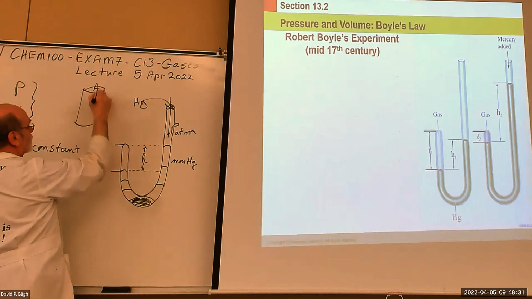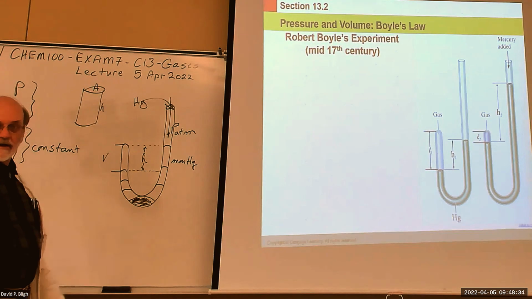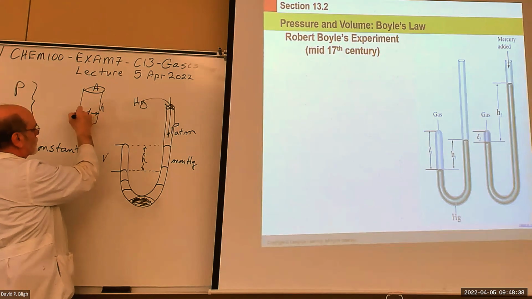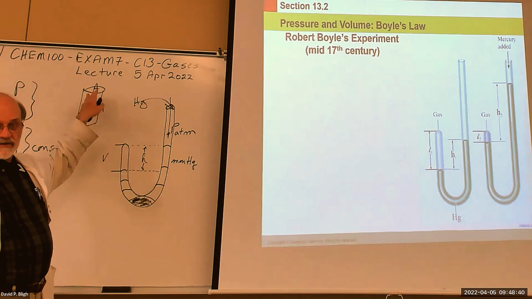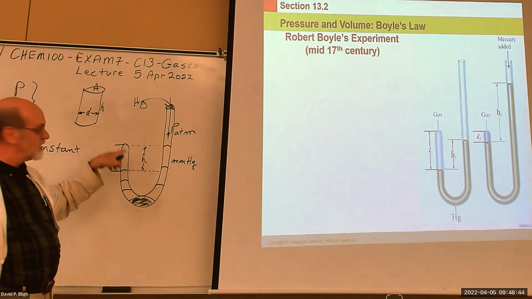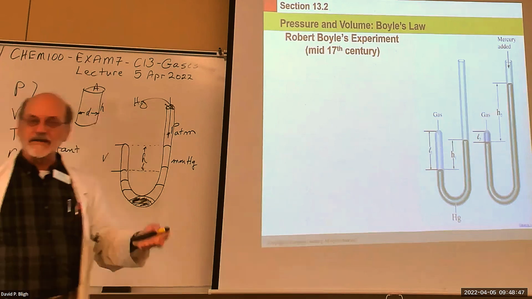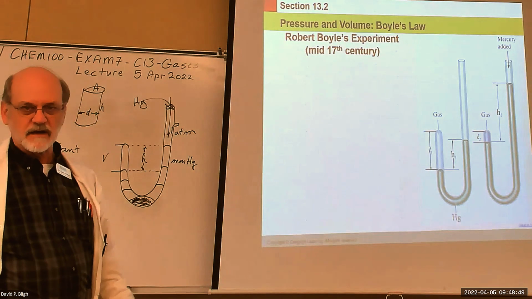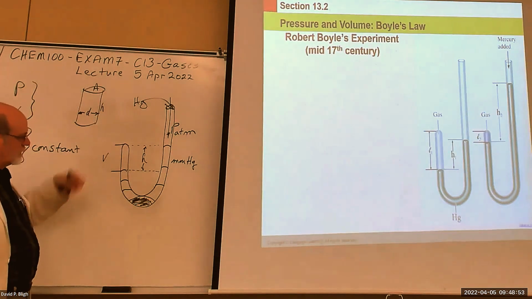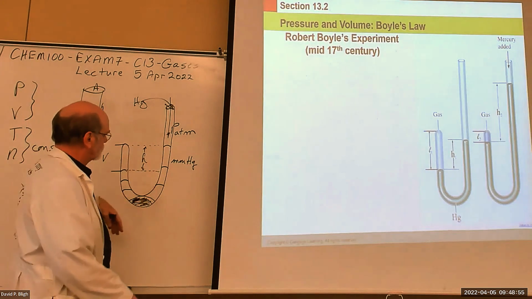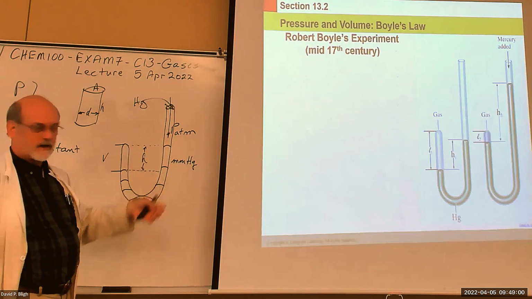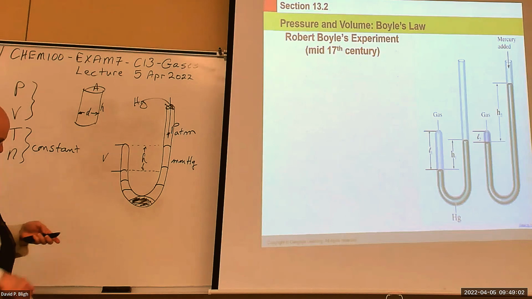Is area times height. So if the diameter here is constant, then the area is constant. So really, a measure of the volume of the gas is related to height. So he could just use height as his measure of volume, the height of the gas column. The height of the mercury column plus atmospheric would be the pressure. So he just laid out these. Let's see, do we have that?